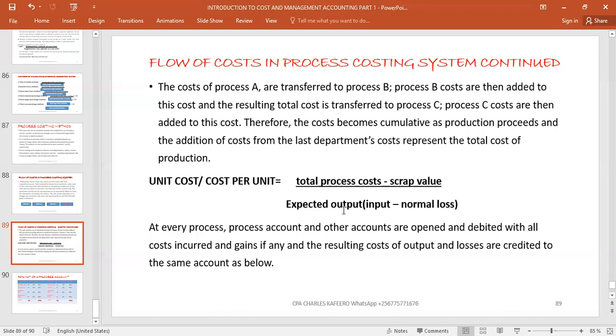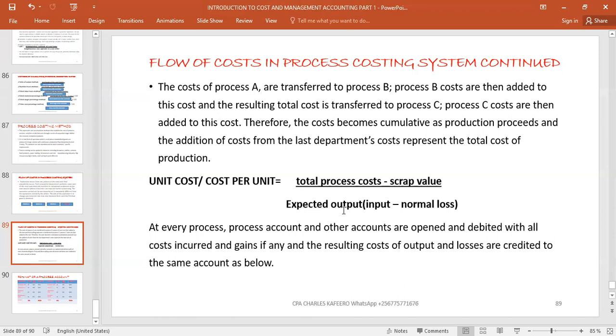So you're expecting to receive 9,000 as the expected output, but what comes out of the process, we find that we've got only 8,000 instead of the 9,000. We just know that we've incurred an abnormal loss. An abnormal loss means a loss that, if we had taken good precaution, we could avoid so that we get the expected output.